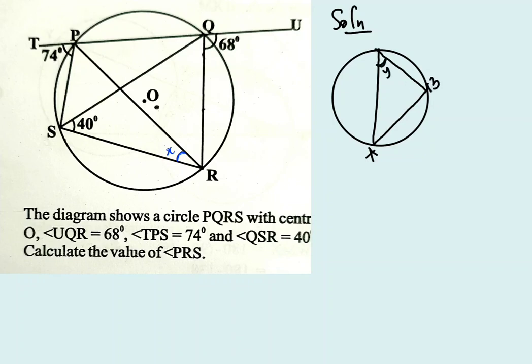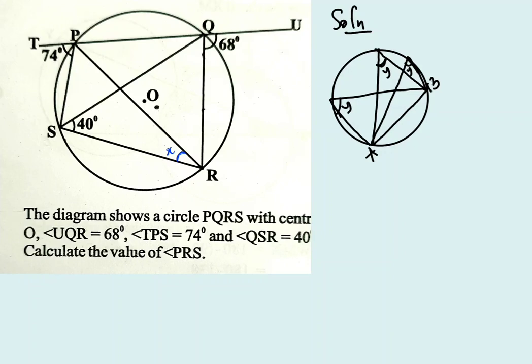Let's say this angle is Y. If this same chord AB gave birth to another angle on the circumference, it must still be Y. And if the same chord gave birth to another angle on the circumference, this will still be Y because they are of the same segment. That is what the theorem is saying.